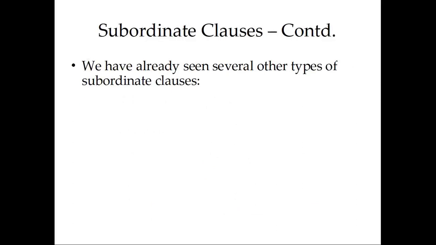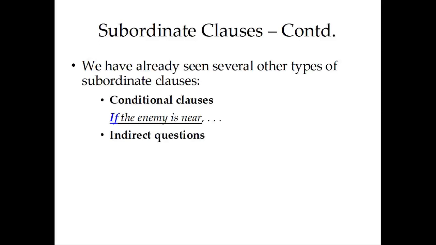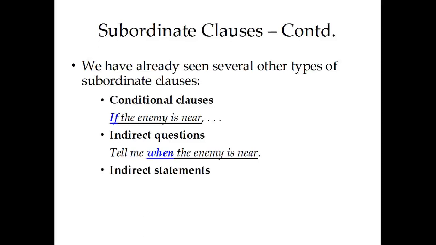We've already seen several other types of subordinate clauses. We've seen conditional clauses. If the enemy is near, for instance, we're waiting for something to complete the thought. Indirect questions like, tell me when the enemy is near. Here we need the "tell me" to complete the meaning of this indirect question, when the enemy is near.